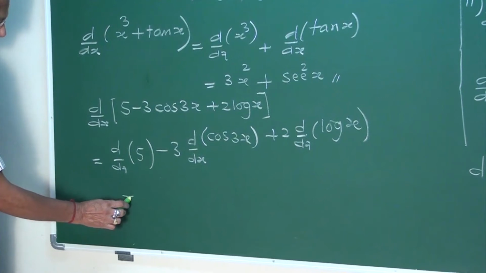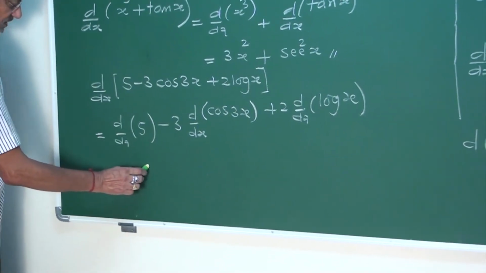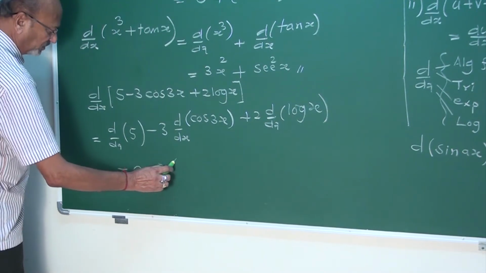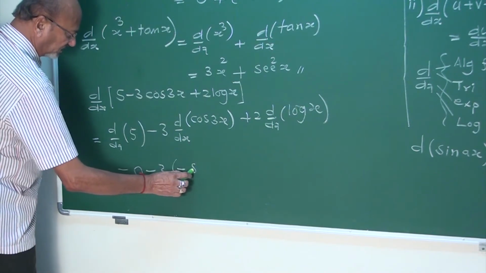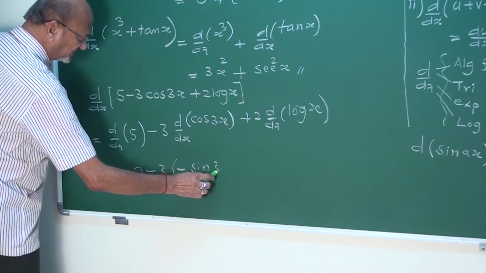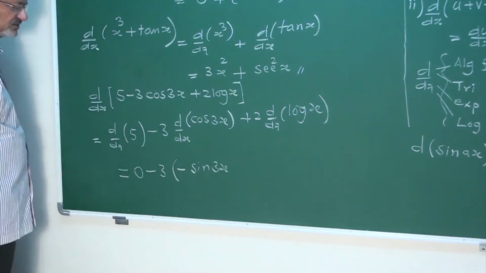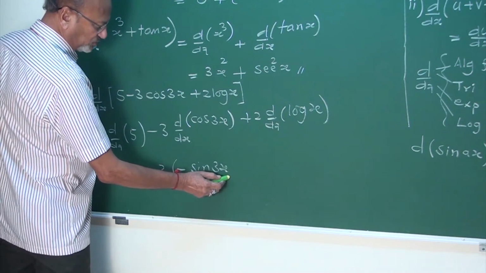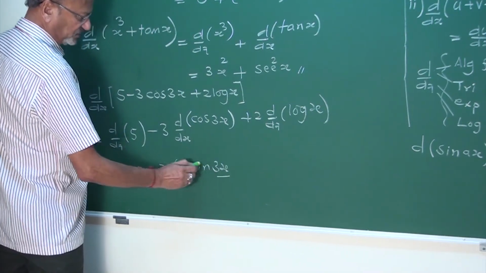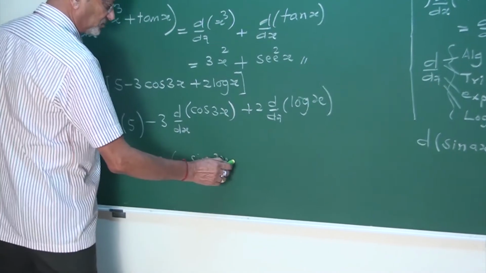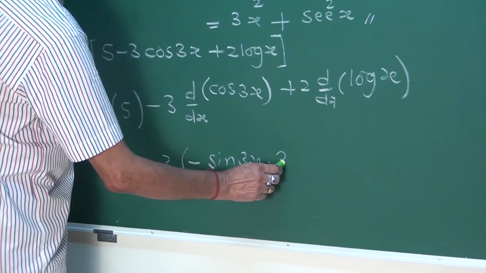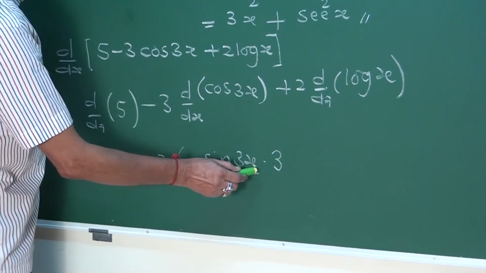Tell, my friend, constant alone, 0. Minus 3 into, what is derivative of cos? Minus sine. Write as it is, 3x. My friends, while writing, what is the question? Is it x? No. When the answer is no, I told, write the coefficient. Coefficient of x is 3, or derivative of 3x.